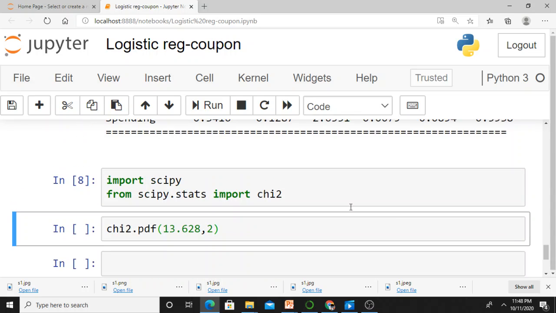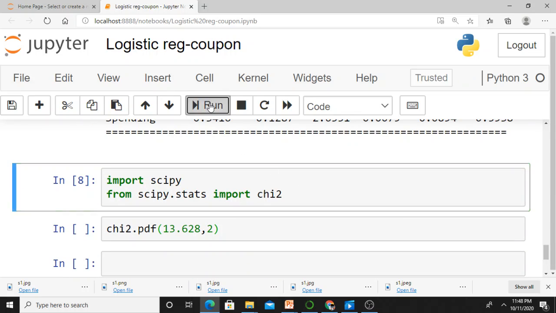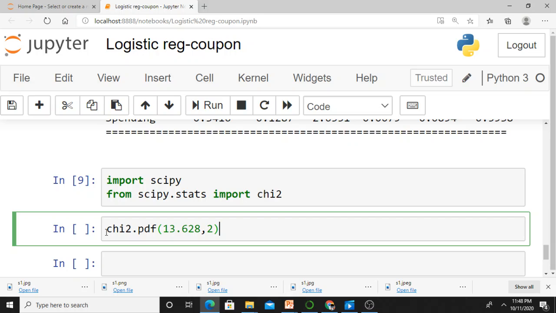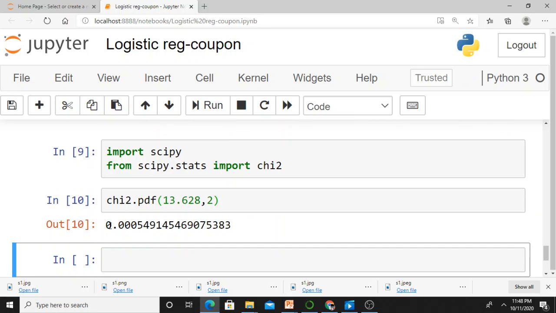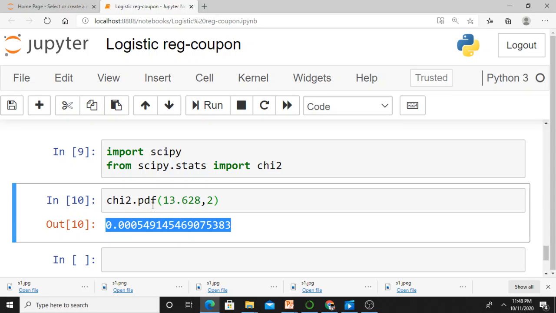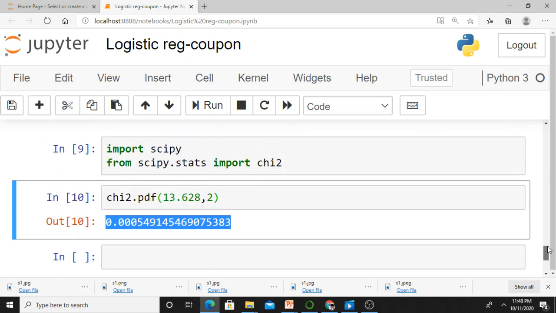Just see this one, it is simple and straightforward: chi-square.pdf, where PDF means probability density function. This 13.628 is my G value. This 2 is the number of independent variables. Just see what you are getting, 0.0054. This probability value is very low. Therefore, the model itself is significant.